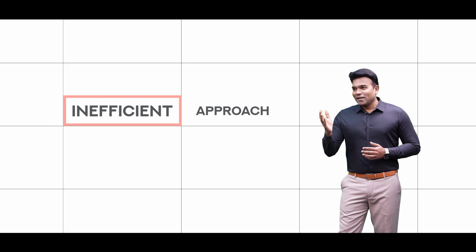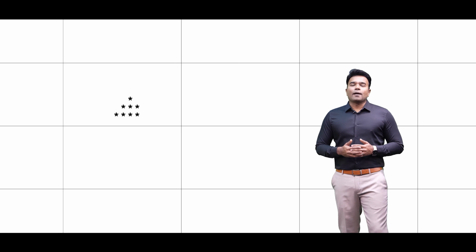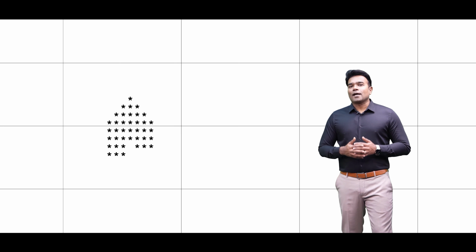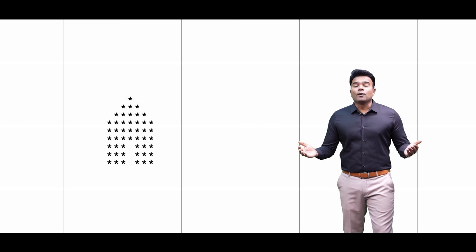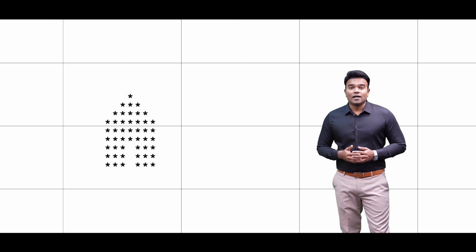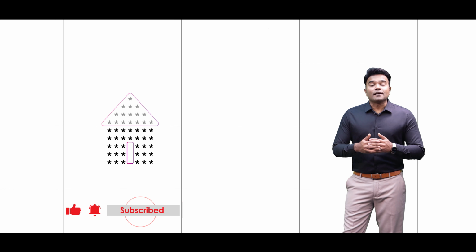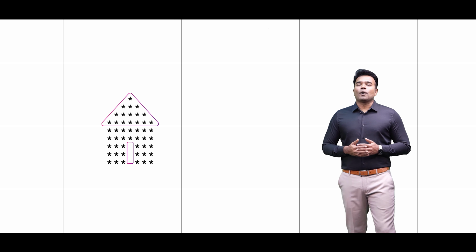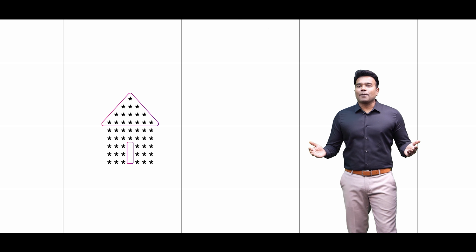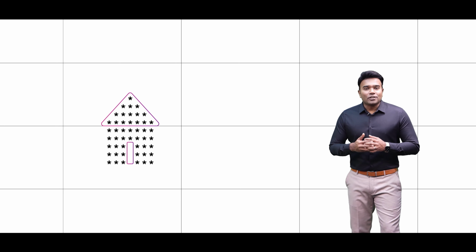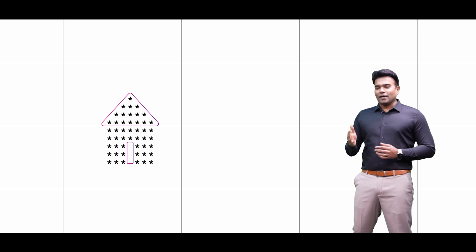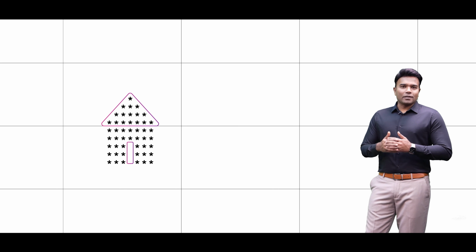Why is it so? Say supposing I ask you to print a hut of stars like this. You can notice, this hut has a roof and also has a door. Say this is what I want to get printed on the screen, then will you really be able to do all of this using a single print command? Some of you may say that yes, it is possible.